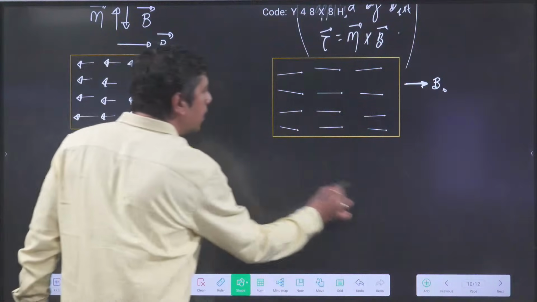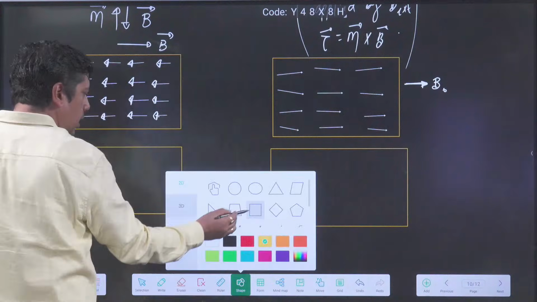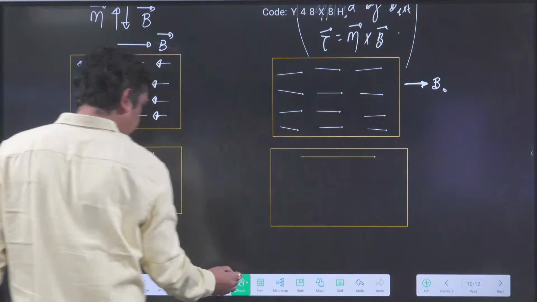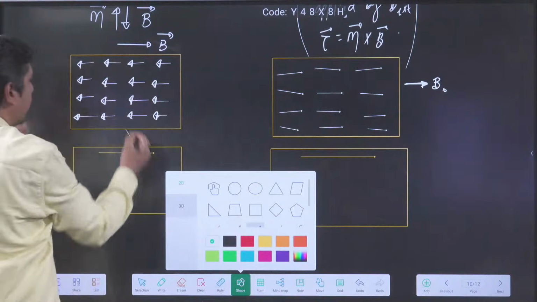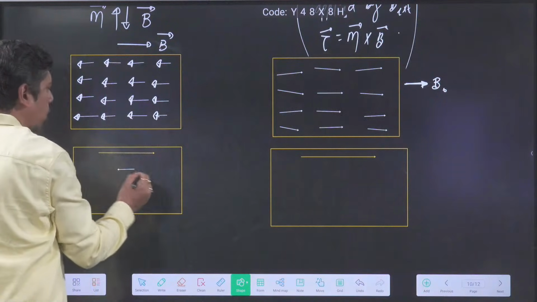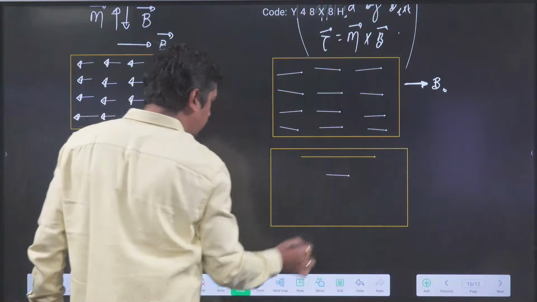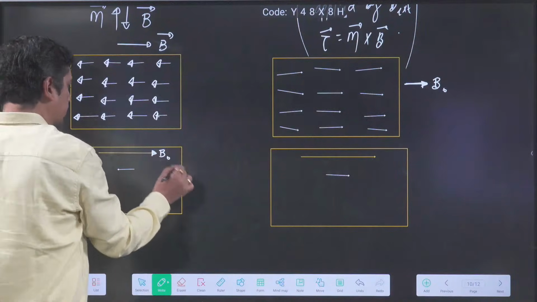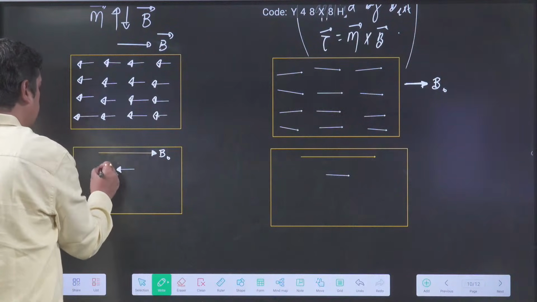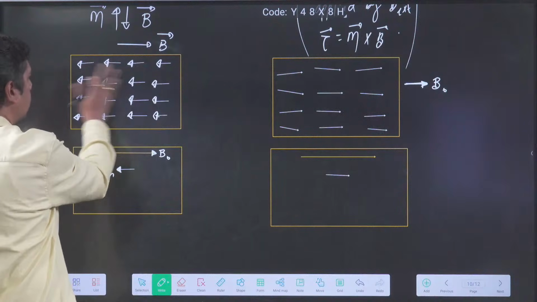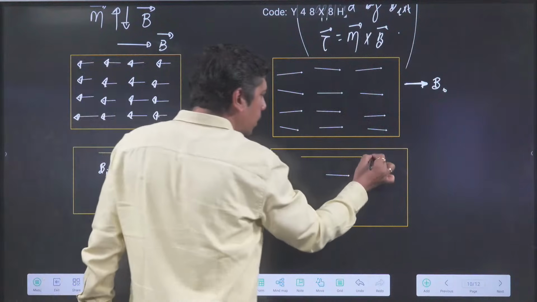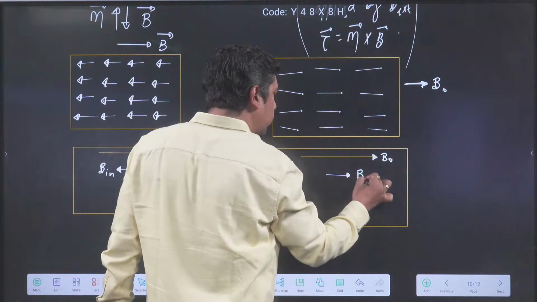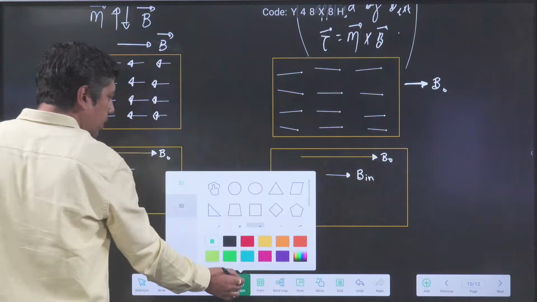In diamagnetic and paramagnetic materials, if you place both in external field B naught, due to the opposite direction of the M vector, here the induced field is opposite to the external field, and here the induced field is in the same direction as the external field. If this is B naught external, here B induced will be in the opposite direction because the M sample is in the opposite direction. Here also B naught is to the right, but here B induced will be in the same direction.